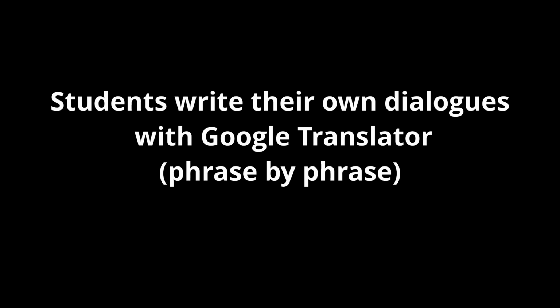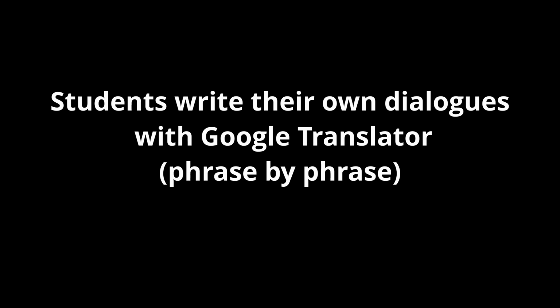Fourthly, teachers ask former students who have become proficient bilinguals to provide them with parallel translations of selected texts which they will use time and again with new students. Or even better, migrants work themselves with Google Translator.